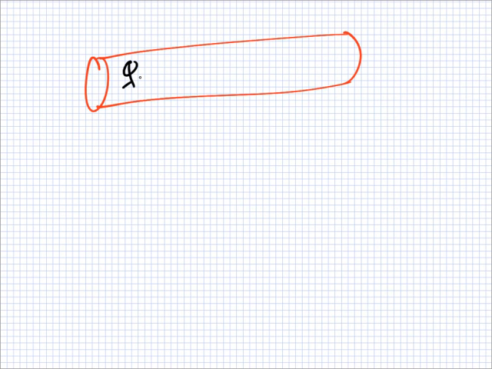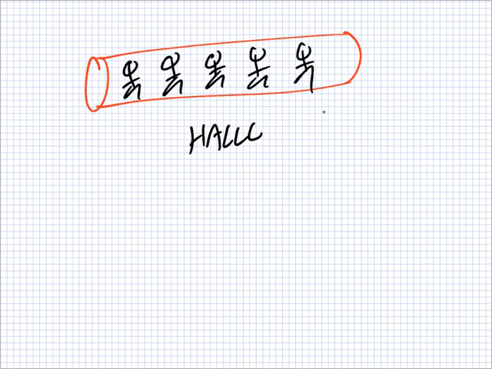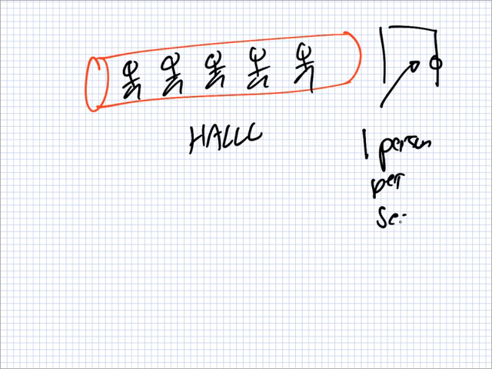Okay, so let's just use easier numbers to make an example here. Suppose in this hall I have 1, 2, 3, 4, 5 people. And suppose I have a door here, and this door can only let in 1 person per second. If all 5 leave in 1 second, then that's a problem. Too many people. So how many do I need to leave in 1 second?